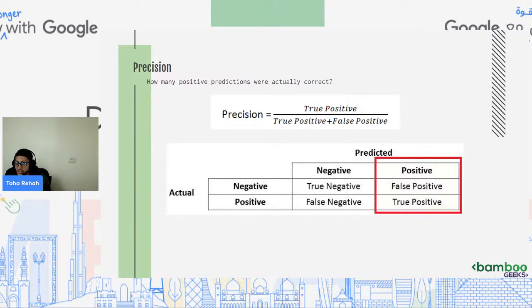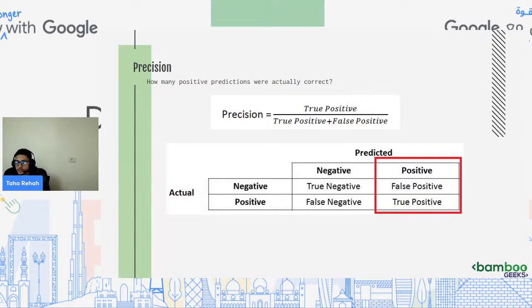But precision is how many positive predictions are actually correct. So please concentrate on this. Accuracy is how many predictions are correct out of all the predictions. The precision is how many positive predictions are actually correct out of all the positive predictions.